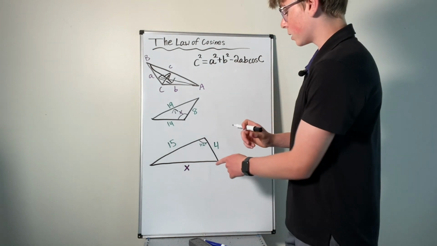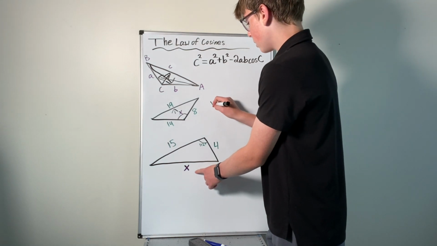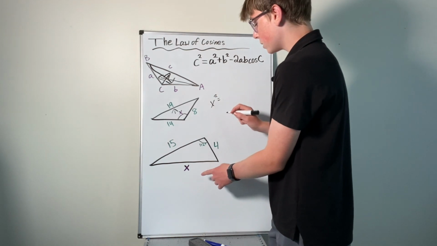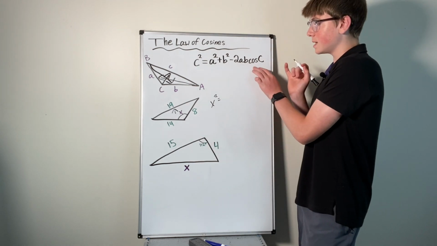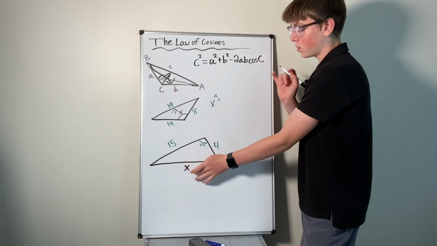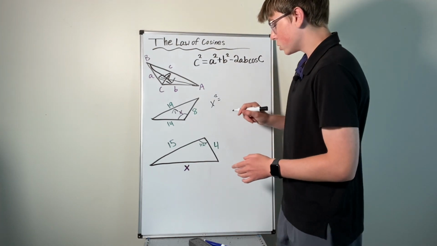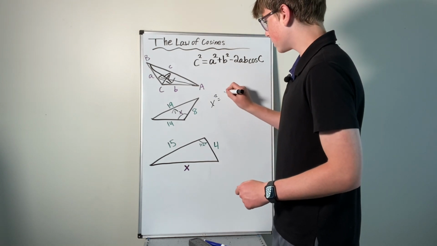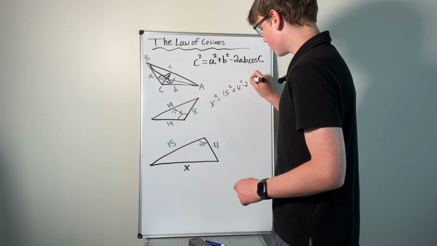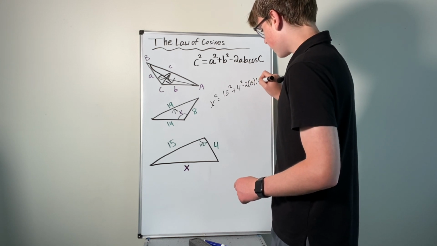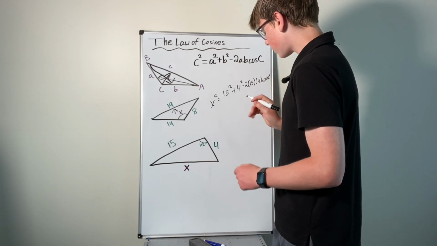So let's start. This will be our x squared. x squared equals, we're using this x squared because we have this angle here. So this cosine C will mean we have to use the side opposite that for our calculations. So x squared equals 15 squared plus 4 squared minus 2 times 15 times 4 cosine 112 degrees.